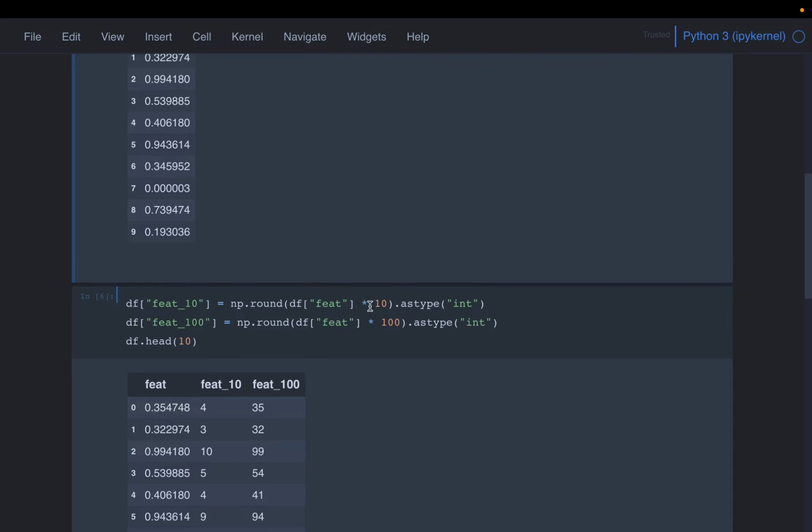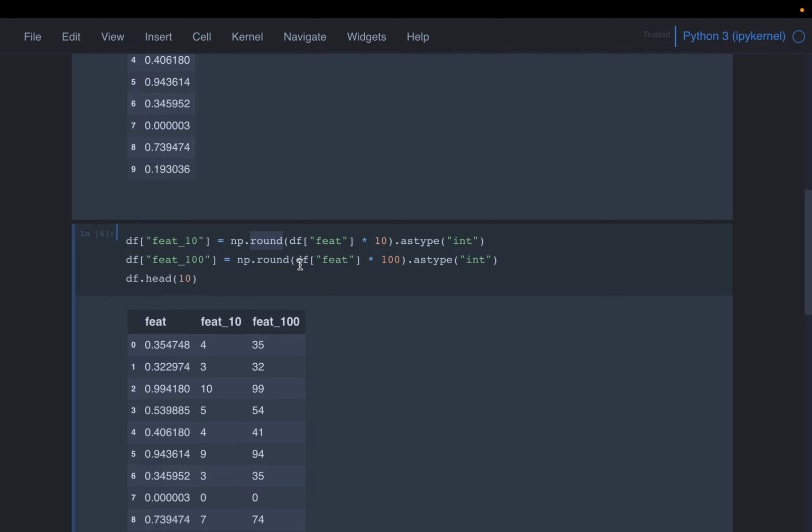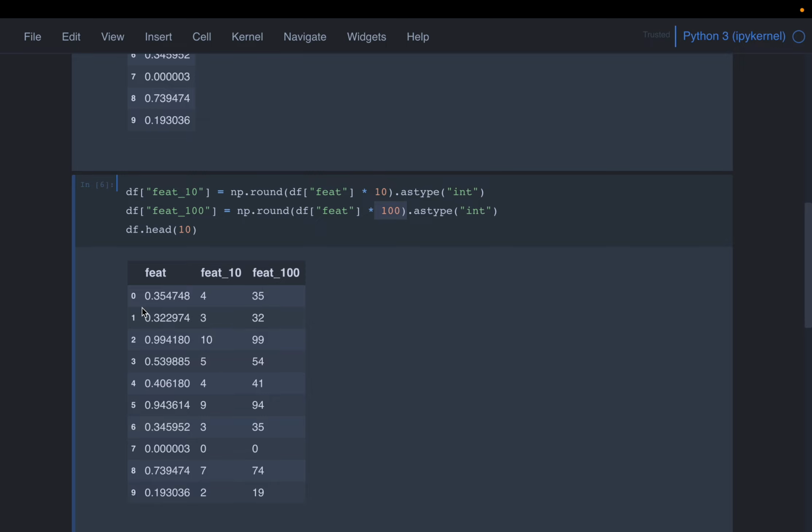All we are doing is, for example, in case 1, we are multiplying by 10 and then just taking the round, right? Here you can take the floor, ceil, etc., but rounding works best. Then in case 2, we are simply multiplying by 100 and again applying the rounding method. So here we have this value 0.35. In case 1, we multiply by 10, so that becomes 3.54.